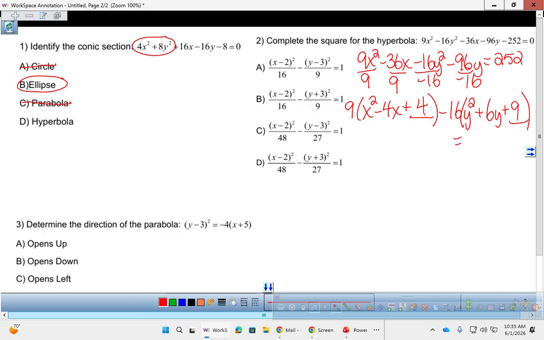So now on the other side, I have a 252. But I'm going to add a 9 times 4, and I'm going to add a negative 16 times 9, right? So I'm adding the 9 in front times the 4 that I created with the perfect square, and the negative 16 times the 9.